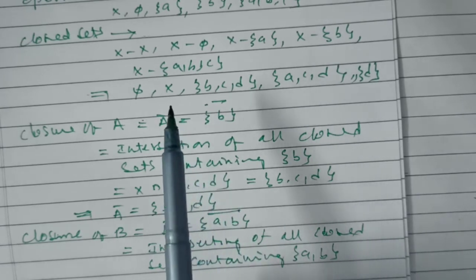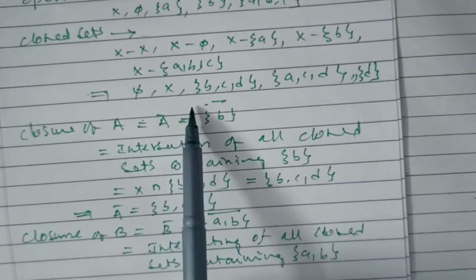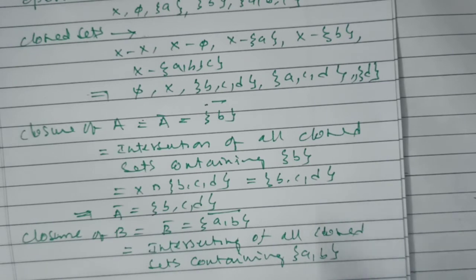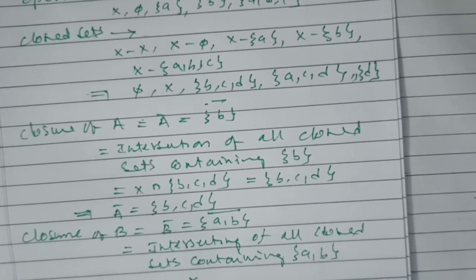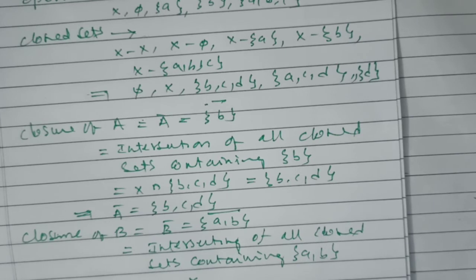So what are the closed sets containing {a, b}? Only X is there, only X is there. This implies b bar is equal to X.